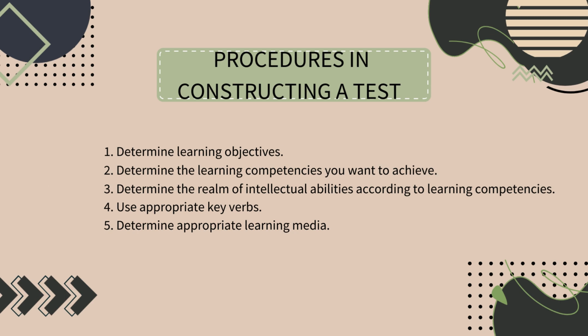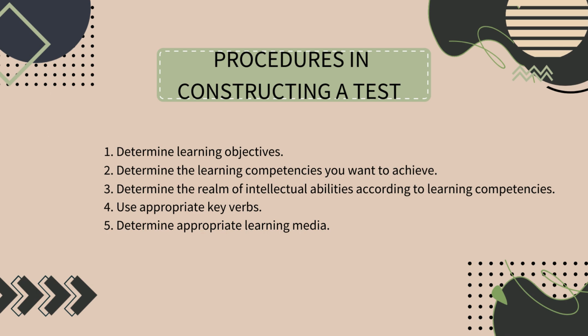Number two, determine the learning competencies you want to achieve. This is the process of identifying the learning competencies you want to achieve, which will affect the level of intellectual ability that must be achieved.